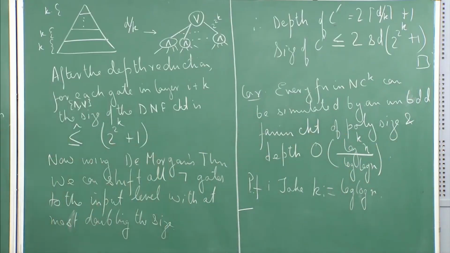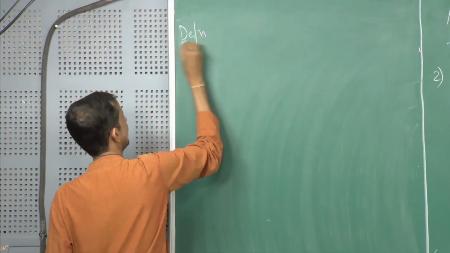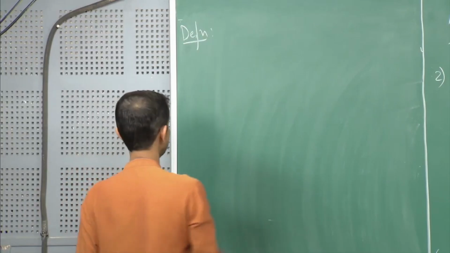So, the next thing that we will study is, we have looked at circuits that are polynomial size but bounded depth. Now we can generalize this to any circuit of polynomial size.